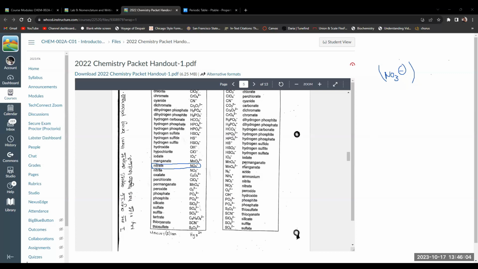And let's look at something like nitrite. Notice the only difference between the two is the oxygens. This ends with ATE, and nitrite obviously ends with ITE.